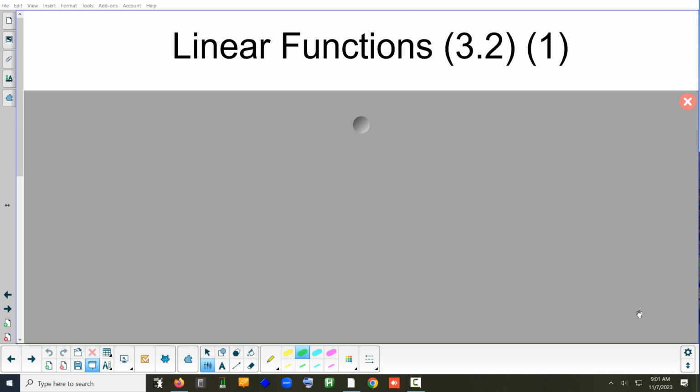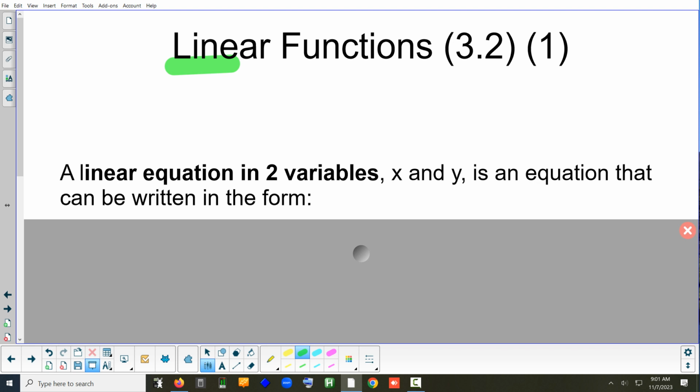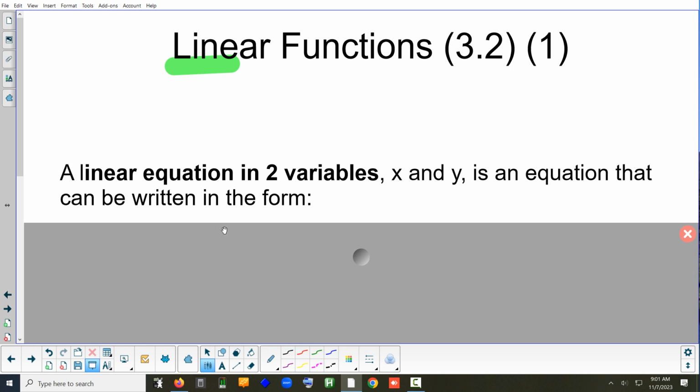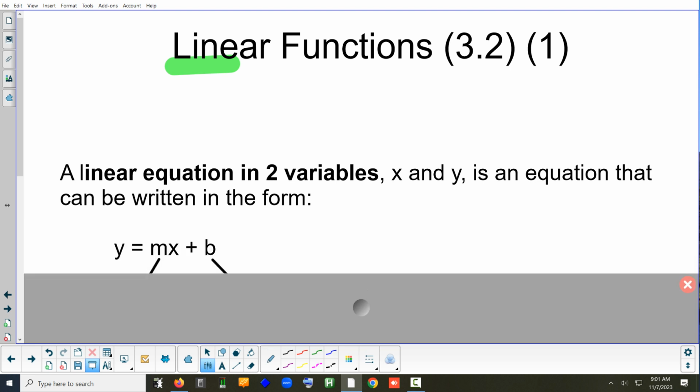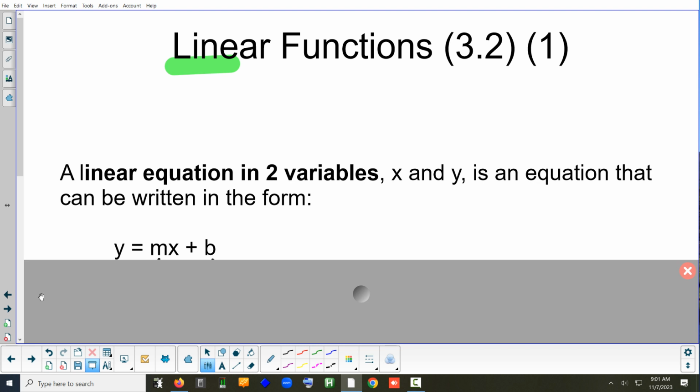So when we're talking about something that's linear, we're talking about something that when you draw it is a straight line. Okay. And there's one popular equation we use quite a bit in this class to represent the equation of a line, and it's called y equals mx plus b.